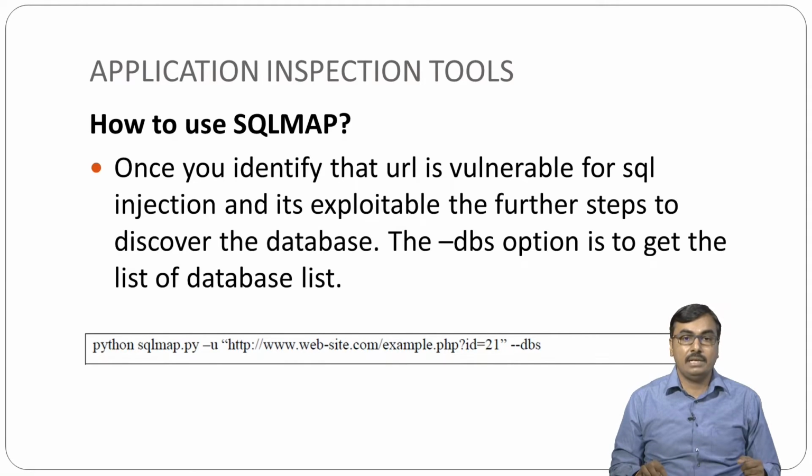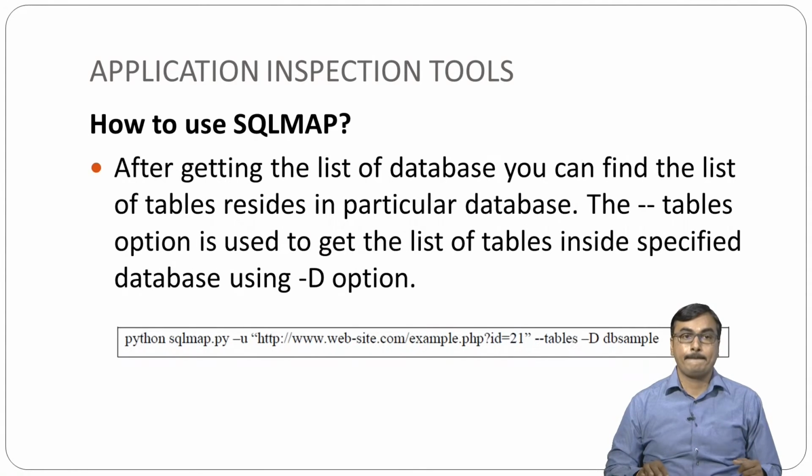On screen you can see the command python sqlmap.py -u and my vulnerable URL, and at last I have provided the --dbs parameter. Through that we are able to discover the databases of that particular website or web application.